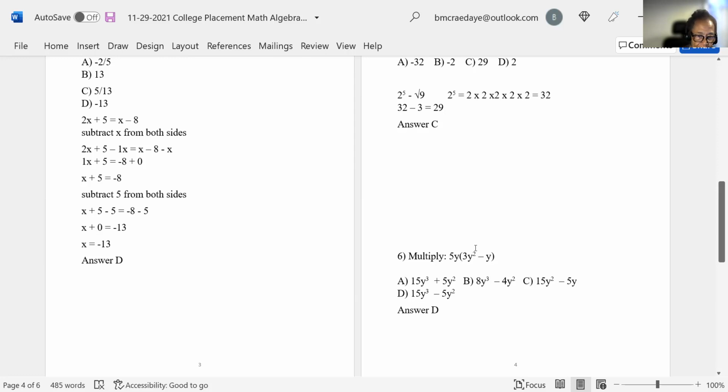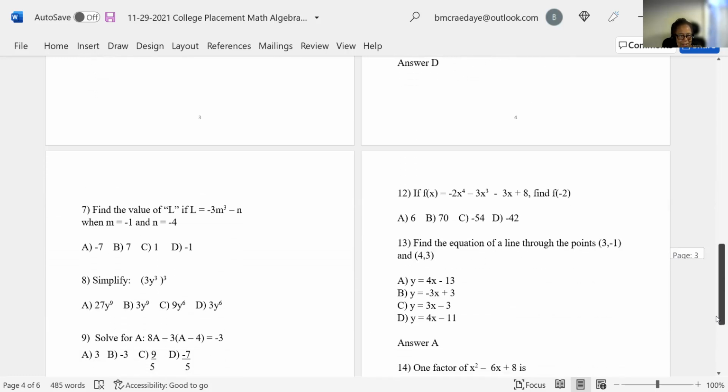Then 5 times 1y is 5. And then add the powers, that's a 1, that's a 1. 1 plus 1 is 2. So that's how you get a minus 5y to the second. Okay. All right, let's look at number 7.